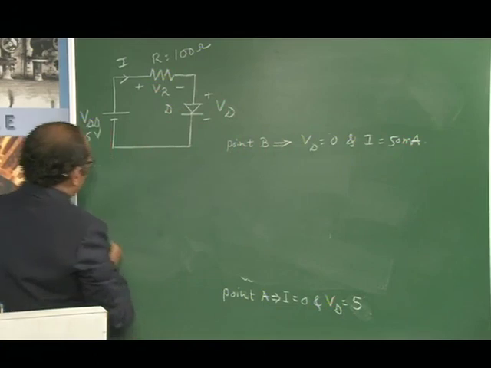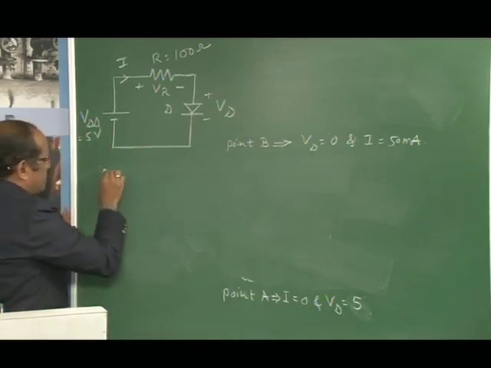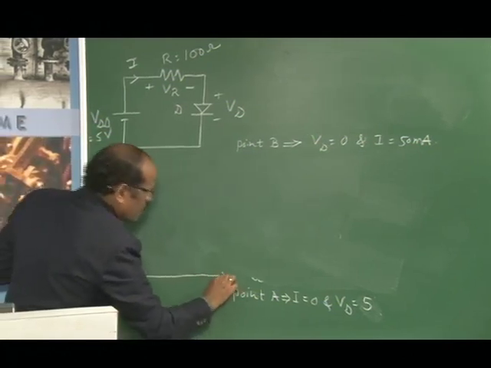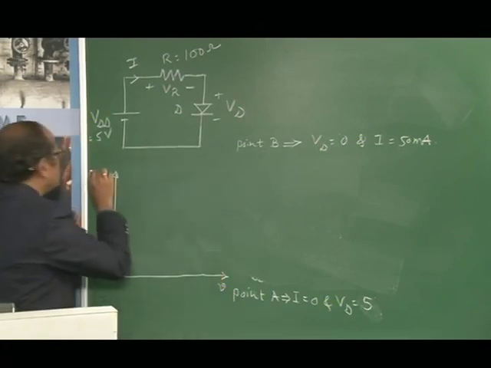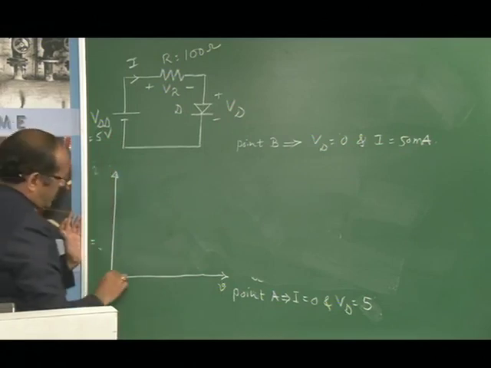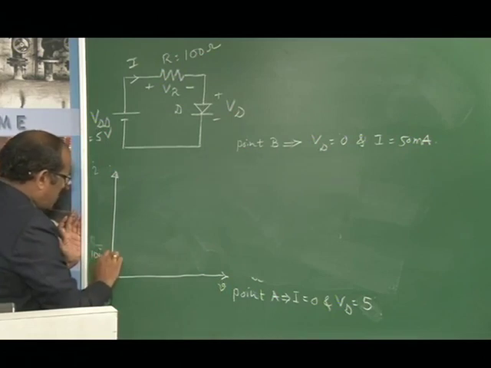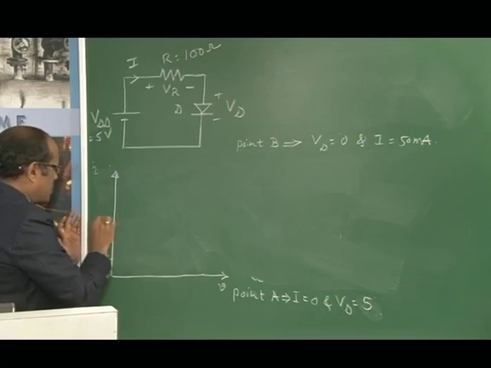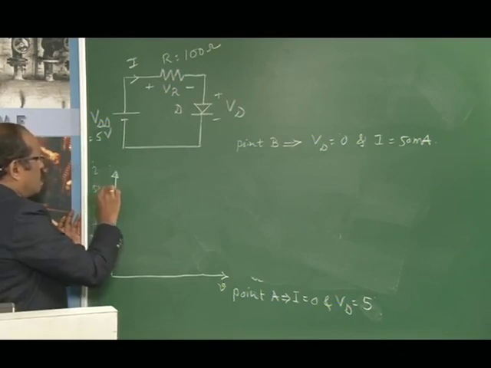As you know, in the graphical analysis, we need to draw the axes. This represents the voltage axis, this is the current axis, and this is 10 milliampere, this is 20 milliampere, this represents 30 milliampere, this represents 40 milliampere, and finally we have 50 milliampere.